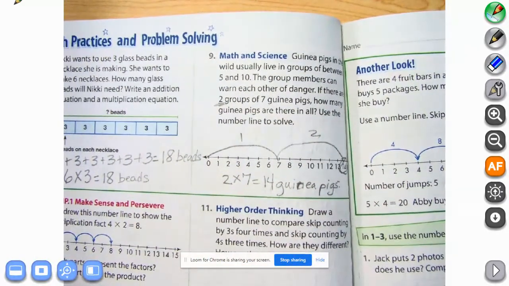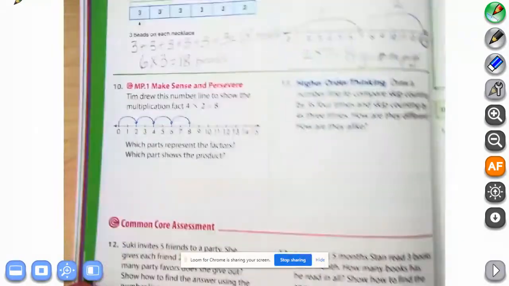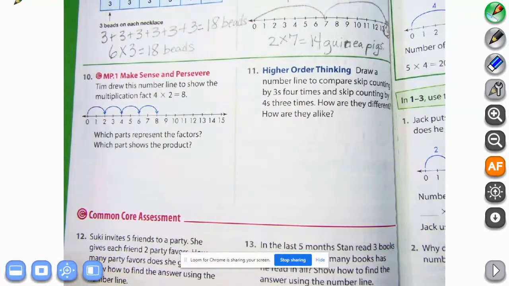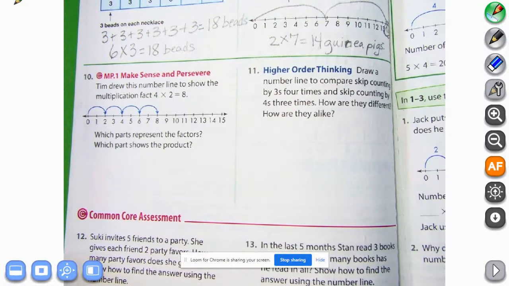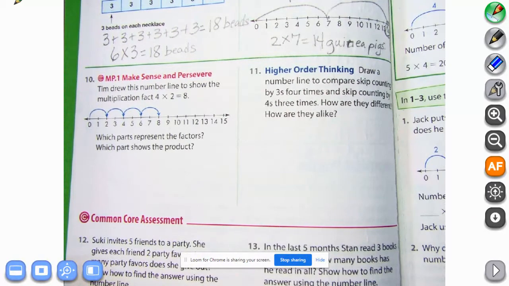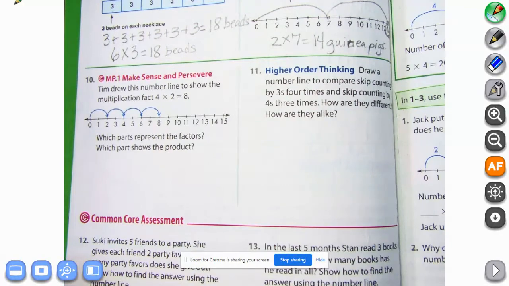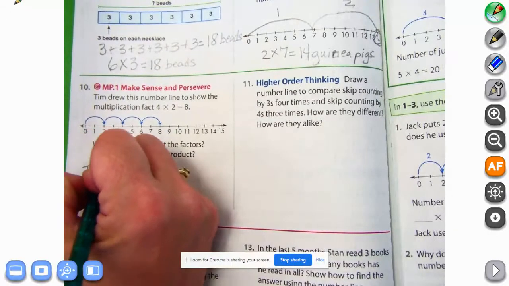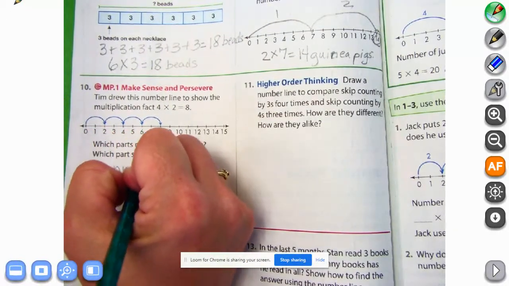Make sure you pause if you need more time. Number 10 says Tim drew this number line to show that multiplication fact 4 times 2 equals 8. Which part represents the factors and which part shows the product? Okay, so we're going to be writing on this one.